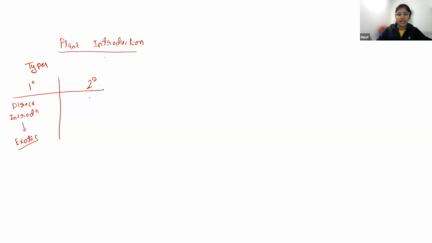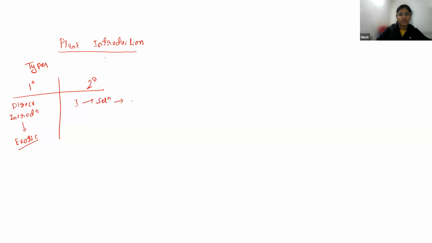What do you mean by secondary introduction? What do you do in the secondary introduction? Ma'am, we select the superior genotypes, or we can also hybridize by taking one gene from a particular variety. Okay, very good. The material which is introduced is subjected to selection.